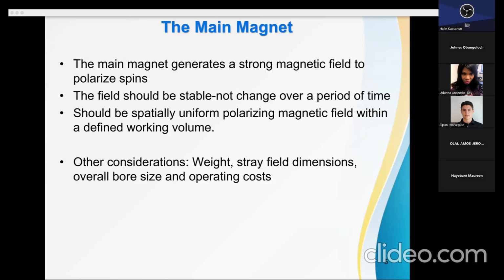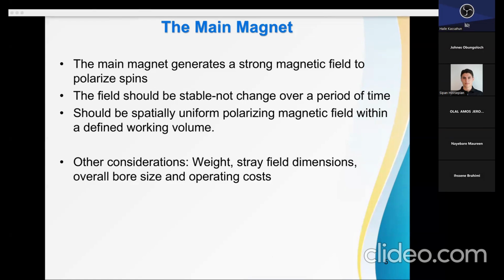The main magnetic field, as we now know, is relatively strong compared to the rest of the magnetic fields that are generated, and it is used for polarization of the spins. The main magnetic field should be stable over a period of time.